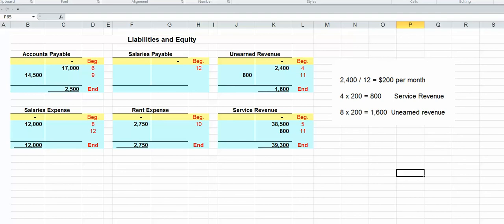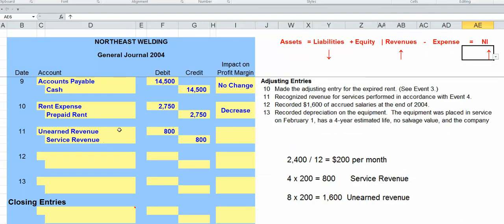So our journal entry then is an $800 debit to unearned revenue and an $800 credit to service revenue. So our liabilities have decreased. We have an increase in revenues. The increase of revenues, of course, will increase our net income, which will have an increase in our overall profit margin.